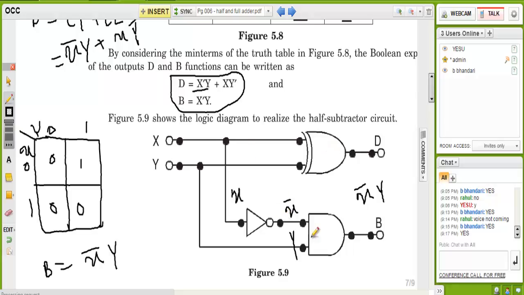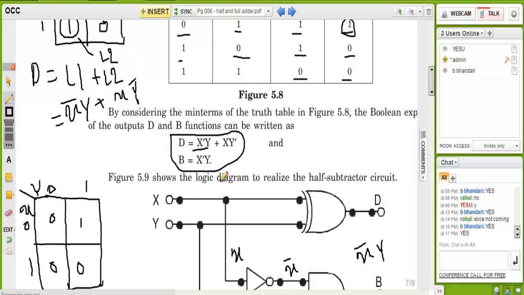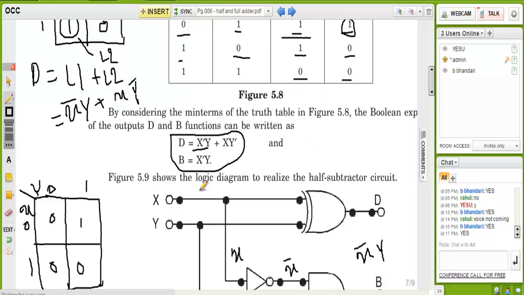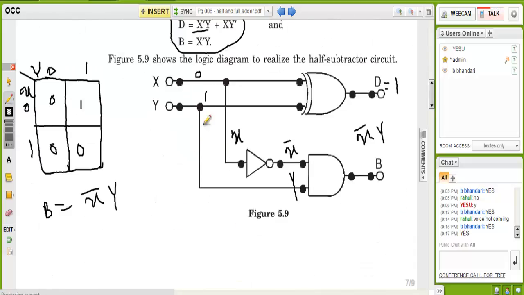So by using this circuit we will get the half subtraction. Take an example. Suppose we take this example. We have to subtract with x is equal to 0 and y is equal to 1. Then what will happen? See, for an XOR gate, if the input is 0 and 1, then output will be 1. So D is equal to 1. And what happened here?